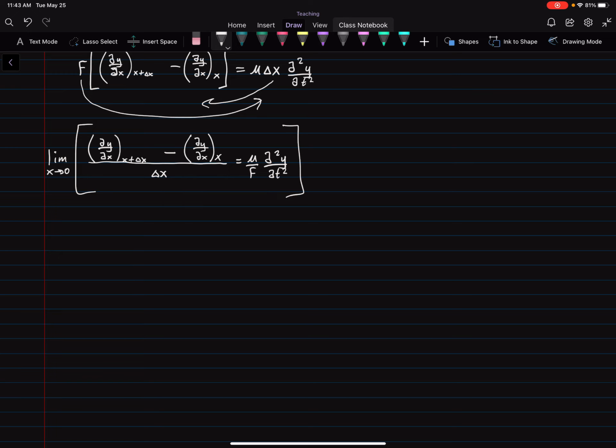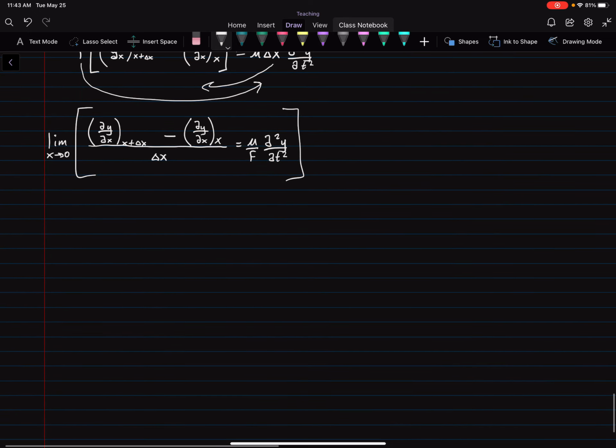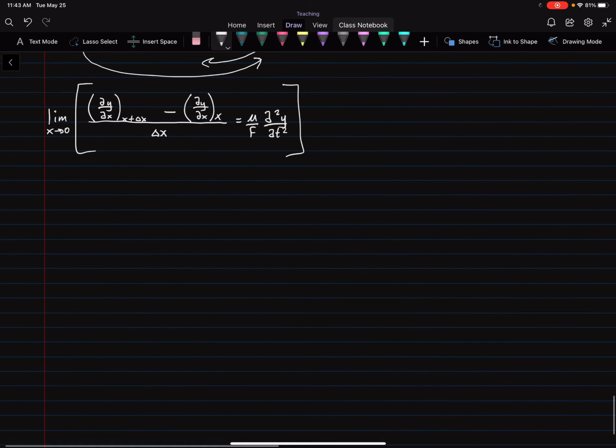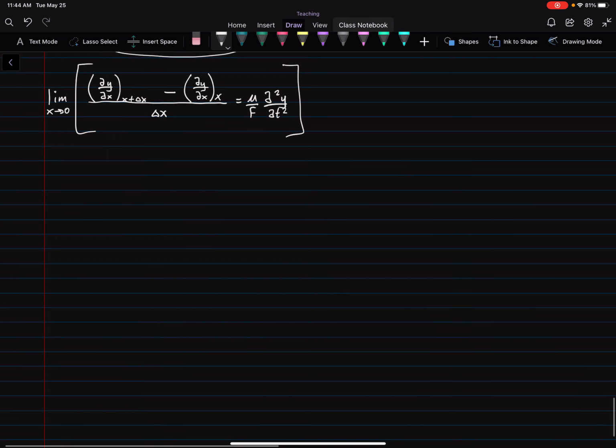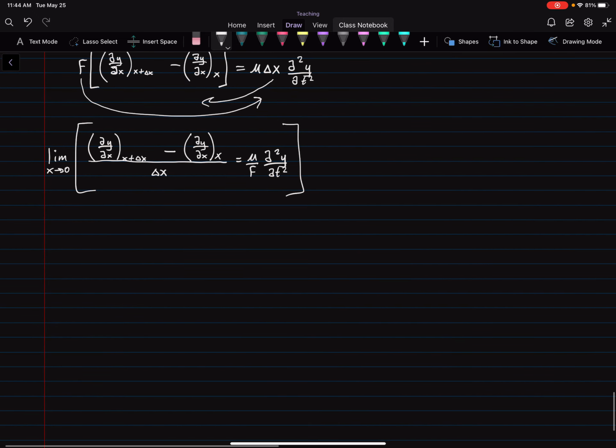Then delta x becomes another derivative, and so the left side becomes the second partial derivative of y with respect to x. So then you get d squared y/dx squared is equal to mu over F d squared y/dt squared.